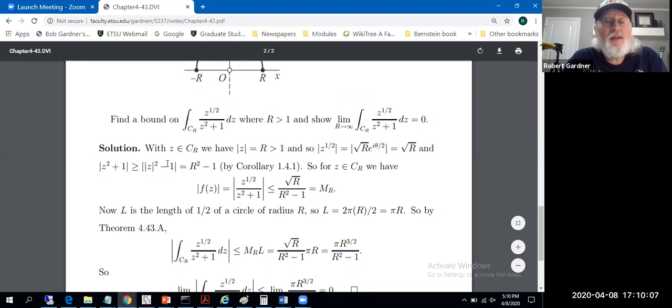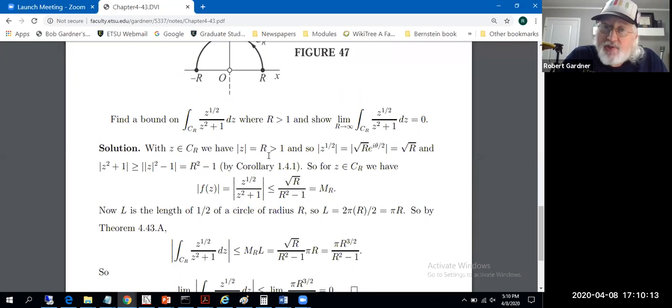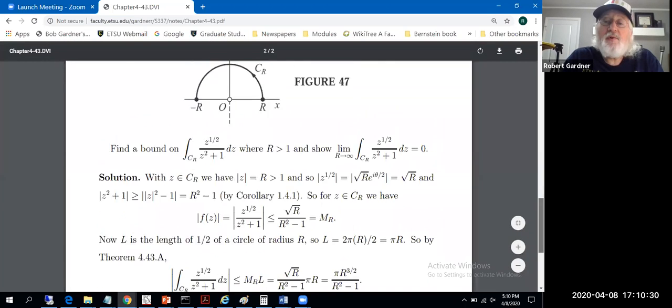Okay, let's see, z on the C sub r is a complex number of modulus r, and we're told r is greater than 1. So mod z to the 1/2, if we deal with this in terms of the polar coordinates, the modulus is capital R, so we'll get square root of capital R, e to the i theta over 2.